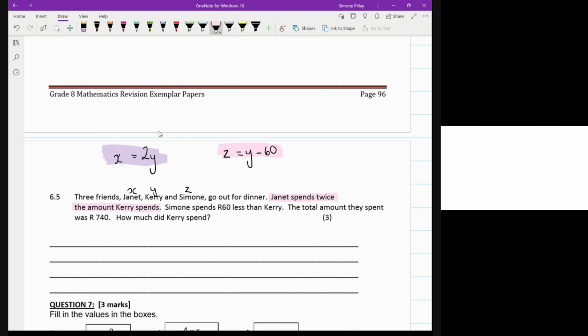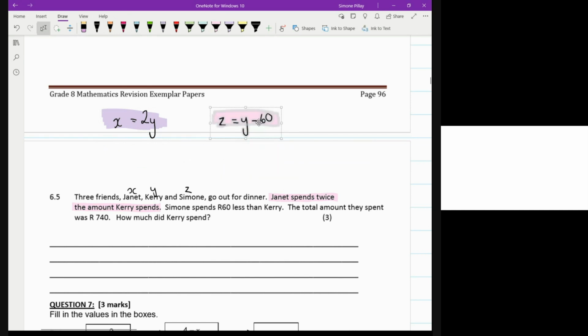What I'm seeing is there's a y in this equation, and in this equation, there's a y. So let me try and make y the subject of both of these formulas. When I say make y the subject, I just mean put y by itself on the left-hand side.